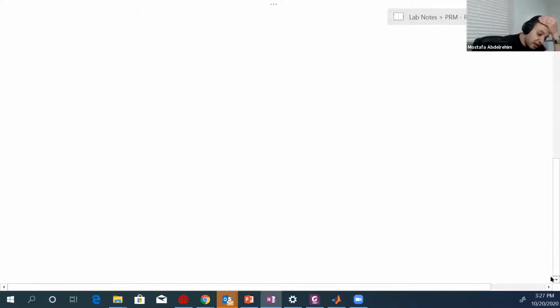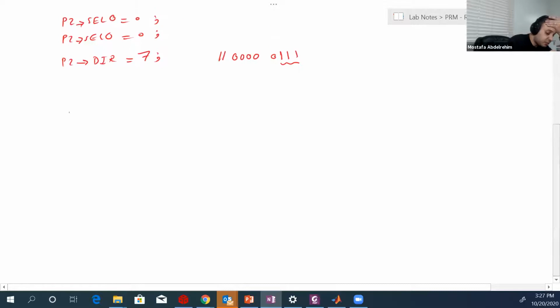Now for the function itself, it will be while true or while one. I'm not sure if there is something called true in C or not, but we are sure that one is working. And what you're going to do, you have a counter, let's call it j. So int j equal to 1, and you say if j equal to 1, something like this.